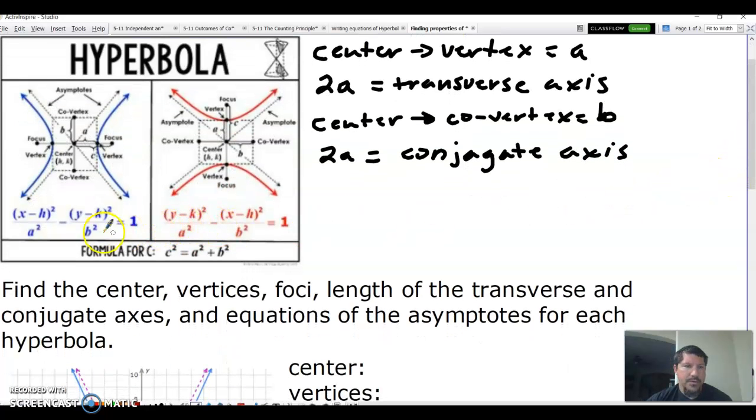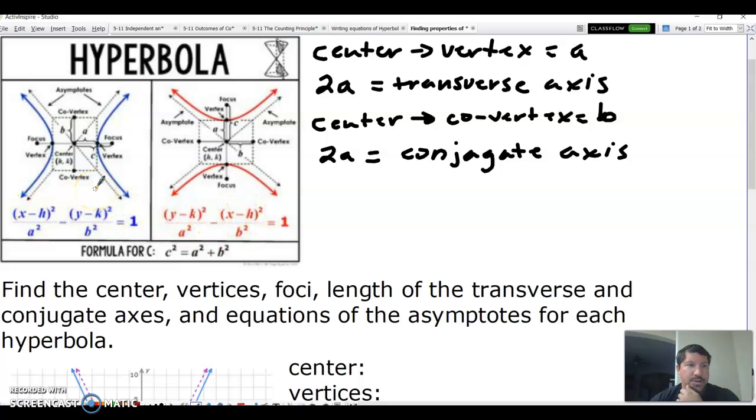Okay, here are the two equations. It can either open right and left or up and down. What you should notice is that it looks very similar to the ellipse. However, a squared and b squared don't move. It's x and y that move.